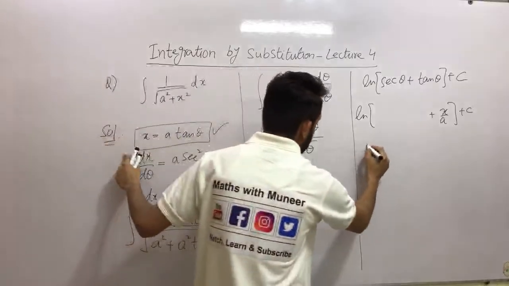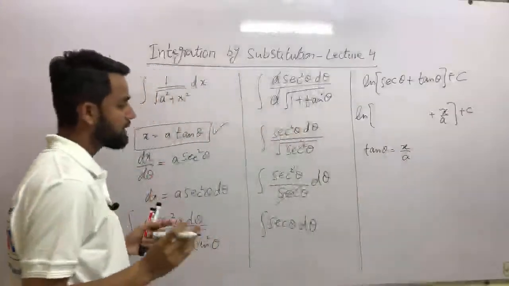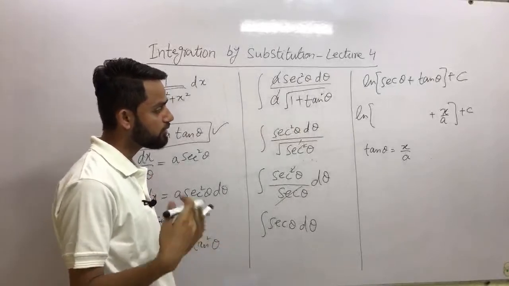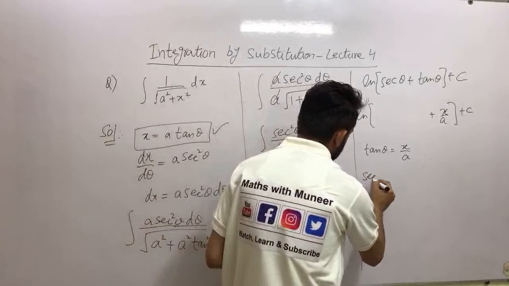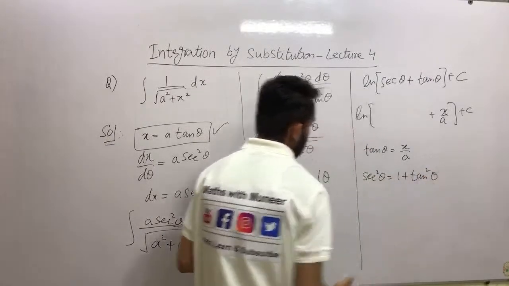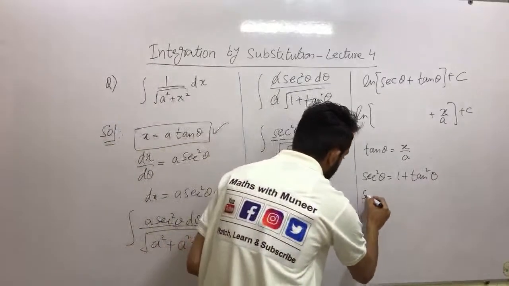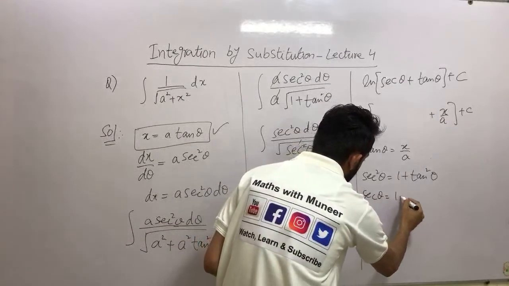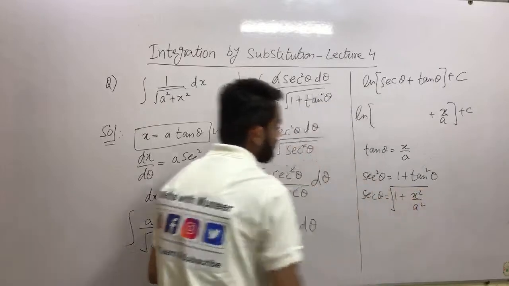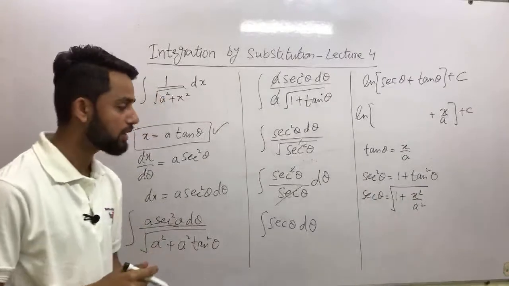Write down tan theta is equal to x over a. Write the identity which says secant square theta minus tan square theta equals 1, so secant square theta is equal to 1 plus tan square theta. You have the value of tan, put it here, and secant theta would be equal to the square root of 1 plus x square over a square, and we take the square root because we want secant theta, not secant square theta.